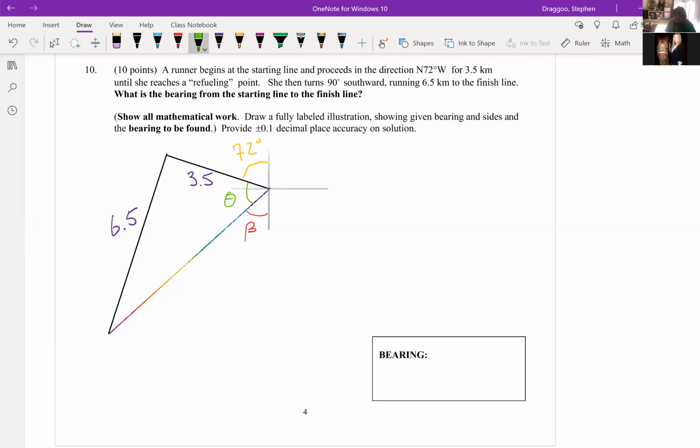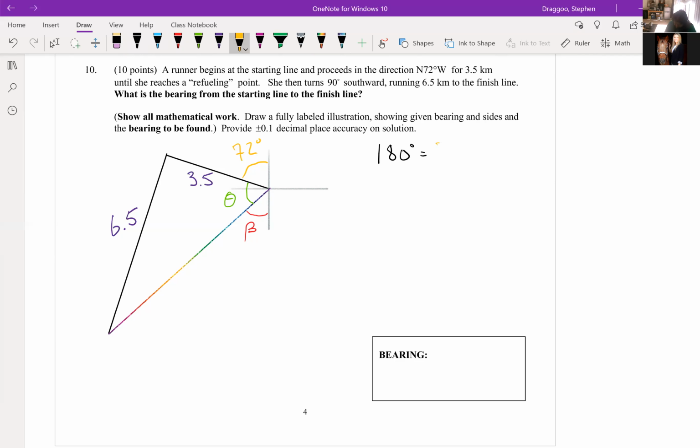So let's set that up. If I add the orange, green, and red angles together, maybe that's yellow, green, and red, whichever, I should get to 180 degrees since they make up one line all the way through.